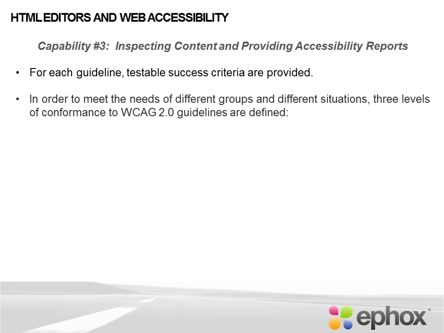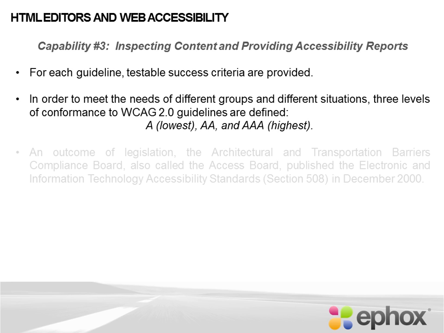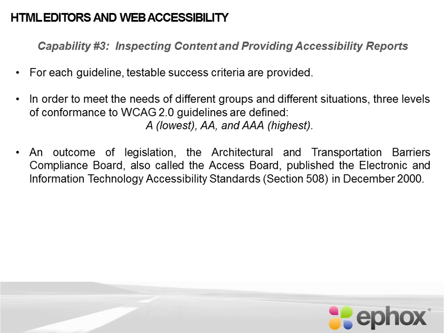In order to meet the needs of different groups in different situations, 3 levels of conformance to WCAG 2.0 guidelines are defined: A, lowest, AA, and AAA, highest. An outcome of legislation, the Architectural and Transportation Barriers Compliance Board, also called the Access Board, published the Electronic and Information Technology Accessibility Standards, Section 508, in December 2000.